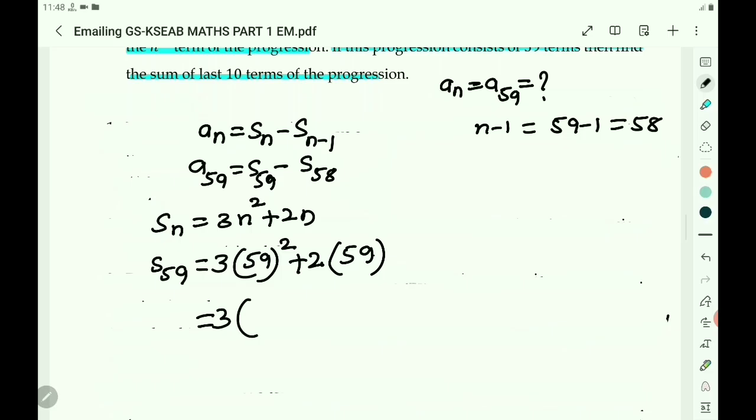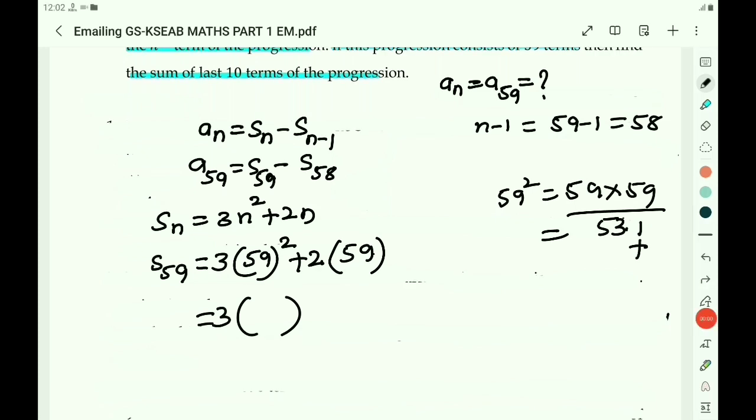Equals 3 into 59 square, which means 59 into 59. 9 9s are 81, carry 8. 9 5s are 45 plus 8, 53. 5 9s are 45, 4 carry. 5 5s are 25 plus 4, 29. So 59 into 59 is 3481.